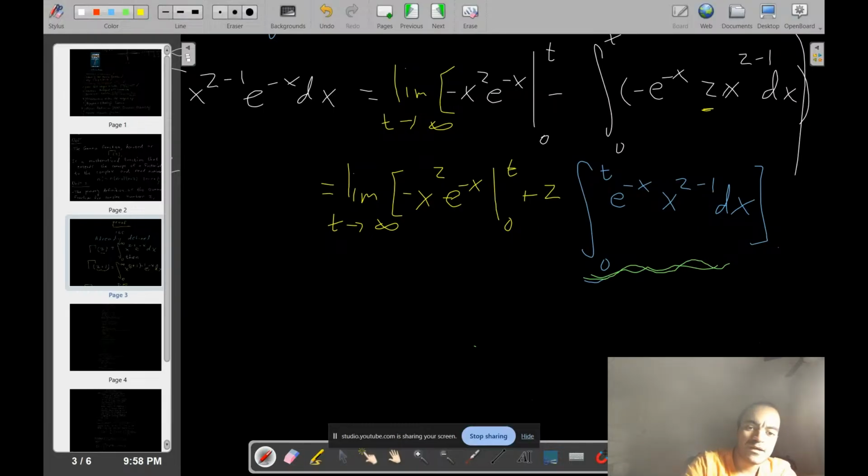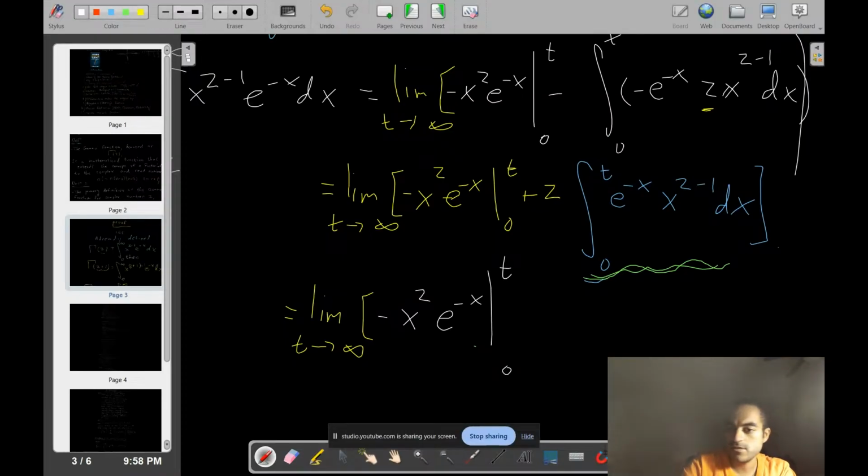So I can rewrite my expression like this now. Limit as t approaches infinity, square brackets, minus x to the z times e to the negative x, limits of integration going from 0 to t, plus z gamma of z, because this is gamma of z.